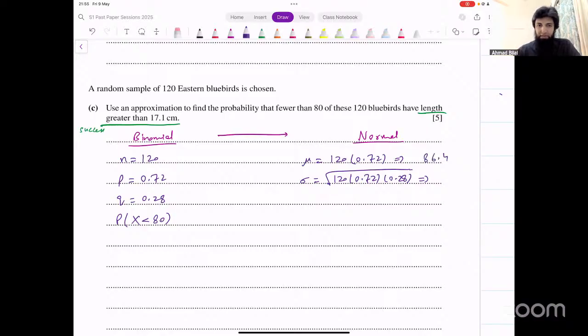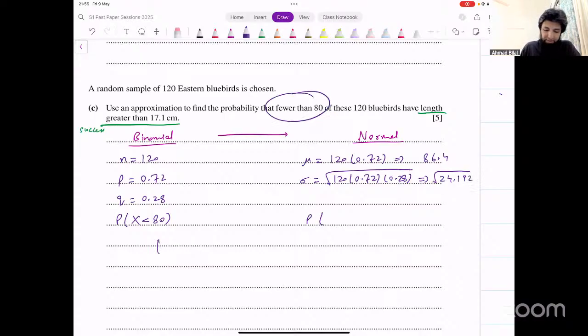And the standard deviation? Just evaluate the inner part, and we'll leave it in square root form so that it's more accurate. 24.192. Thank you.